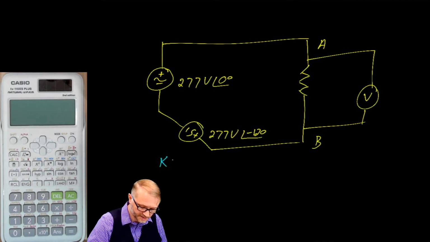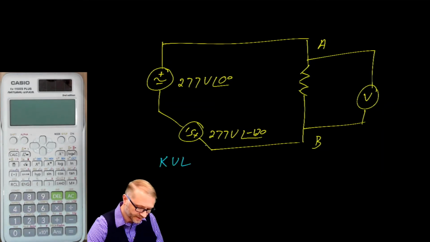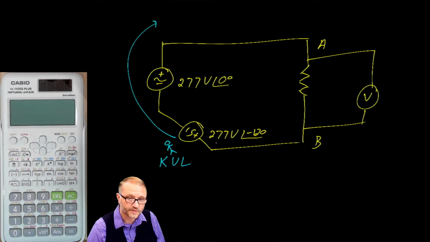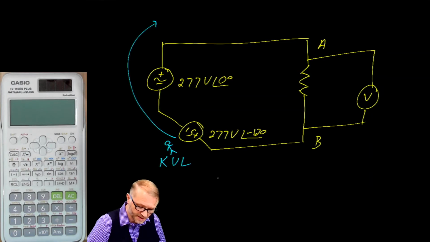Using Kirchhoff's voltage law, we walk the loop. So we start here and we walk that way. The first thing we encounter is a positive terminal. So we record that as 277 volts, angle negative 120. Then we walk into this terminal.